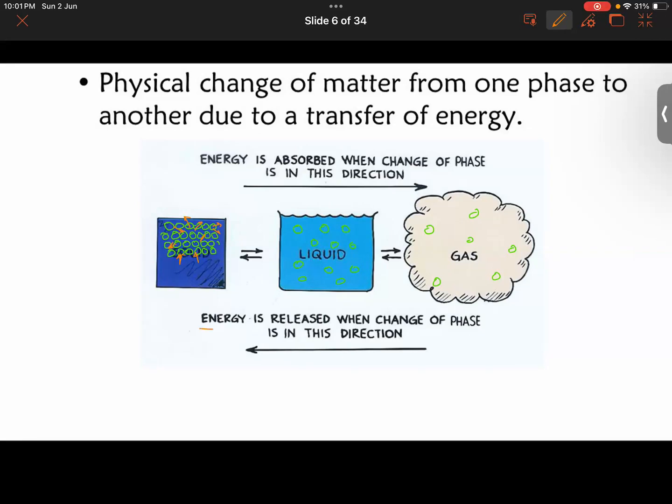Because of the energy that is provided to them in the form of heat. So then they will go into the liquid state. So while providing the heat energy to the solid object, it absorbed the heat, and the particles started to vibrate and then converted into the liquid state. So heat is said to be absorbed in this conversion from solid to liquid state. Is that much clear?